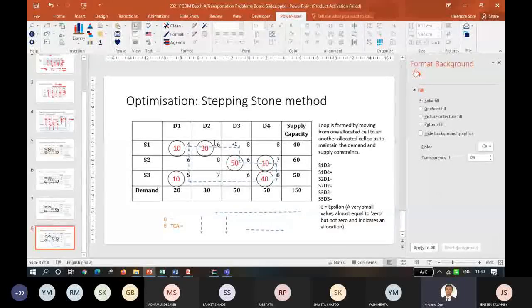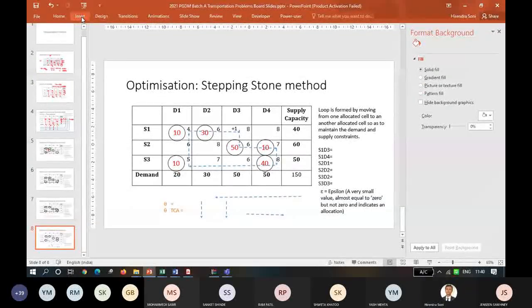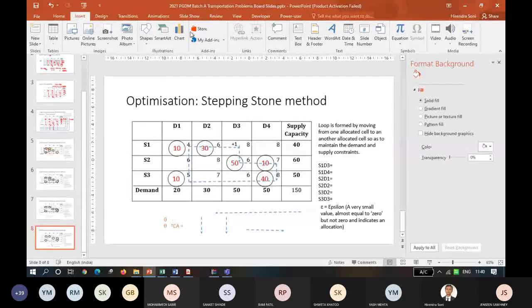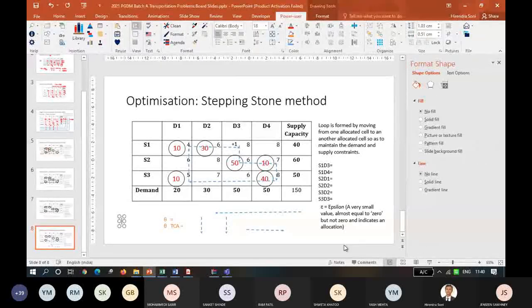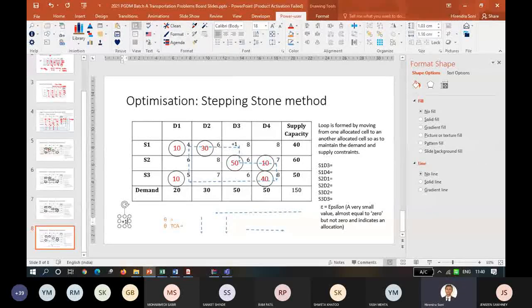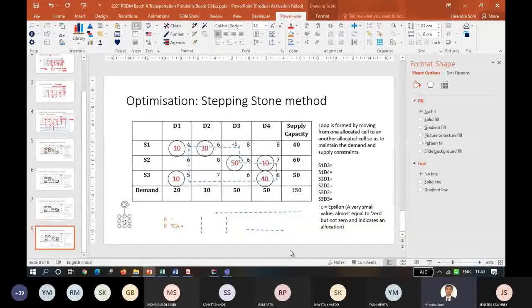So that basically completes my loop. Now where will the +1, -1 and so on come? We'll start with +1.